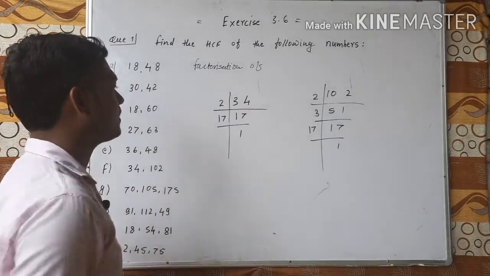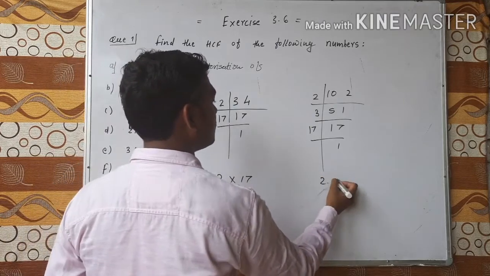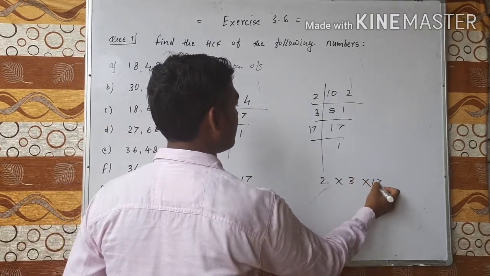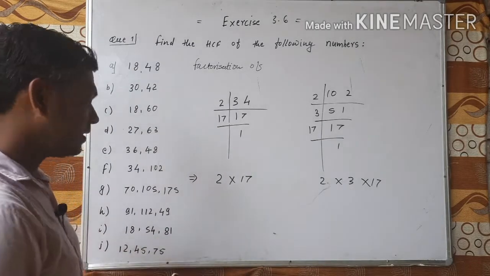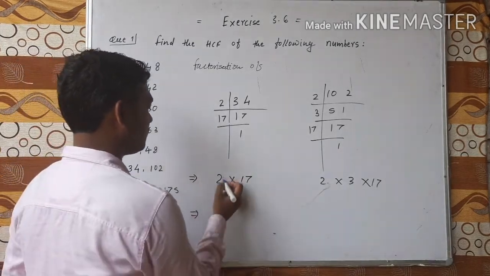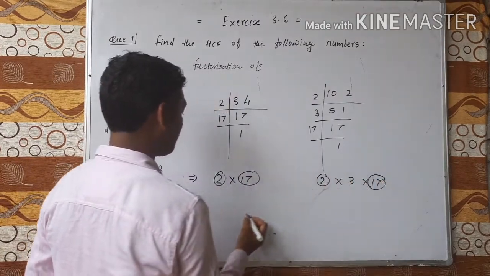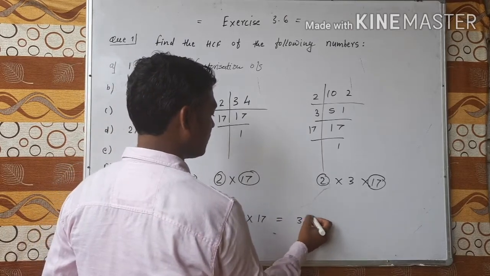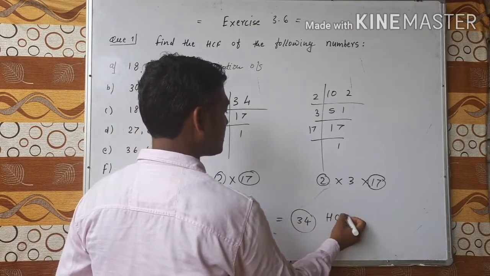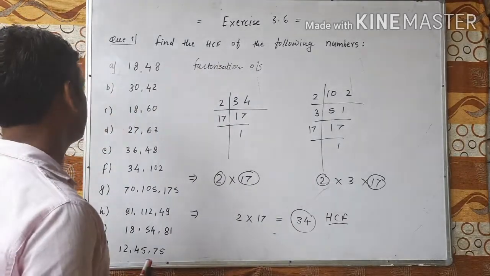After finding their factors we can multiply: 2, 17, and 2, 3 and 17. We observe that 2 and 17 are the common factors, so their multiplication is equal to 34. 34 is the highest common factor of 34 and 102.